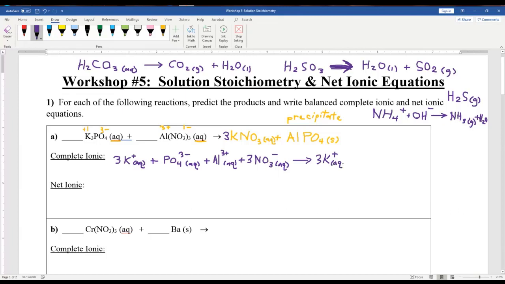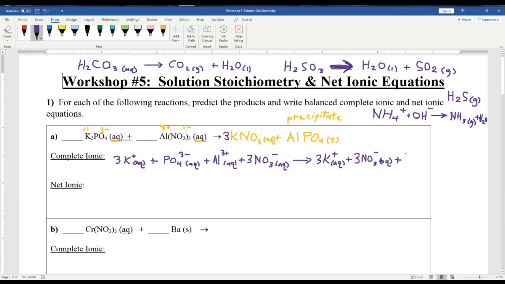And what else? 3 nitrate minus aqueous as well. Aqueous. Okay. And then what else do we put?